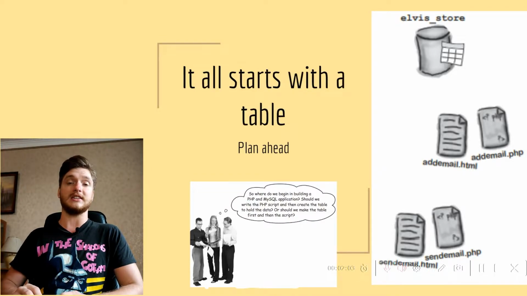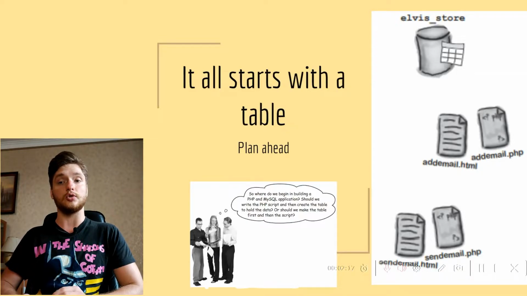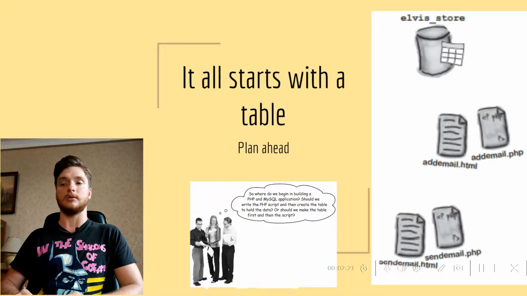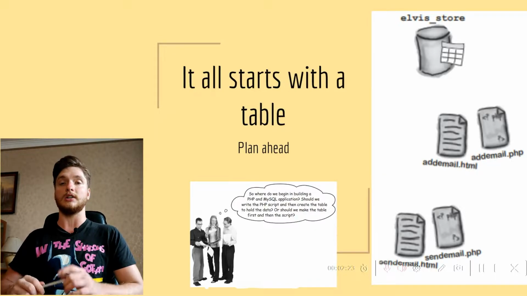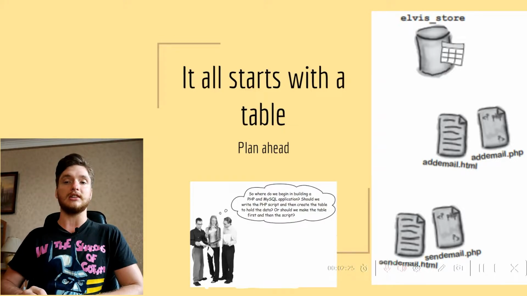Frank: That's it. First we create the HTML form, then we figure out what data goes in the database, and when that's done, we tie it all together with the script. Joe: I'm not sure if that really makes sense. How can we create an HTML form when we aren't 100% sure what data we need to get from the user?